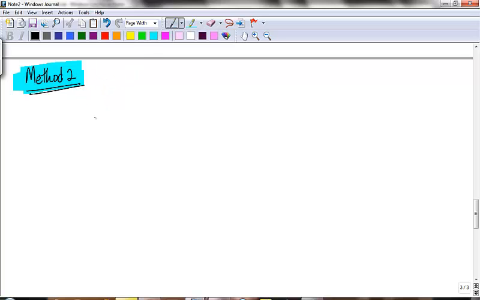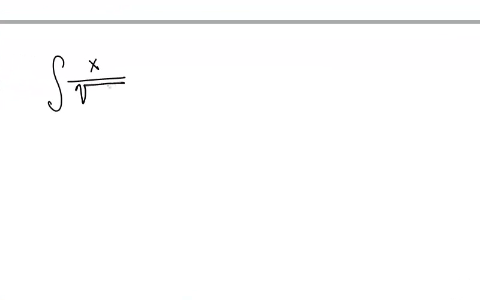So put on this one method 2. The problem was the definite integral of x over the square root of 7 plus x squared with respect to x from -1 to 3. You still have to substitute in for u, and I'm still going to let u equal the part underneath the radical, the 7 plus x squared.